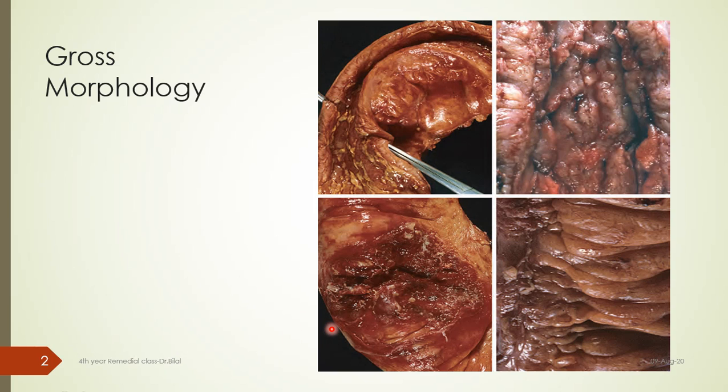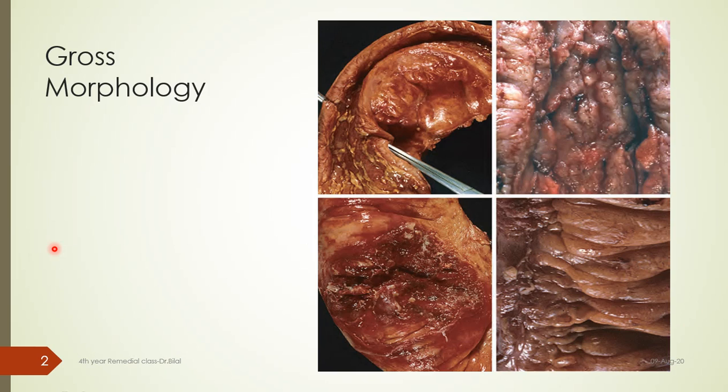When the disease extends from surface to deeper layers, it may lead to formation of stricture, or formation of a perforation, which has happened here in this specimen we are seeing. Then there is a phenomenon that is known as creeping fat that is visible in these gross pictures. These are some important gross features: stricture formation, linear ulcers, transmural inflammation, perforation, and creeping fat.